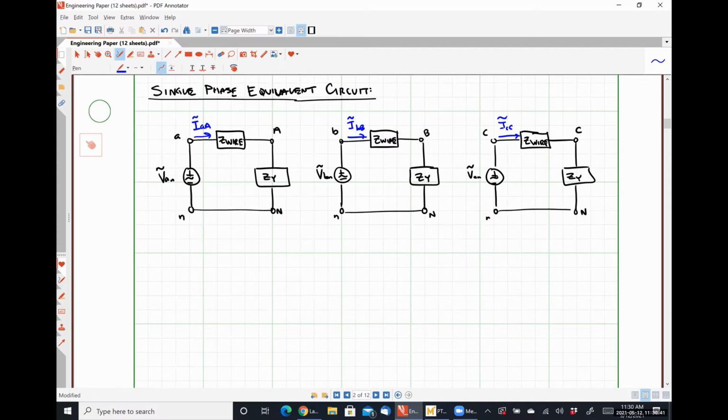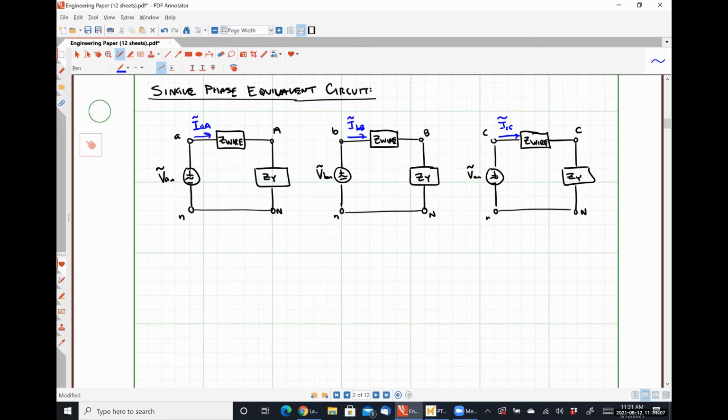So here is the million-dollar question. Do you guys feel that you can analyze a circuit like this, containing a voltage source and two impedances in series? I certainly hope so at this point in your EE career, okay? So analyzing a YY system is utterly trivial, all right? It's the easiest possible circuit that we could ever analyze.